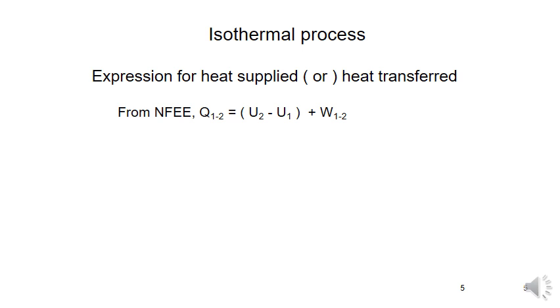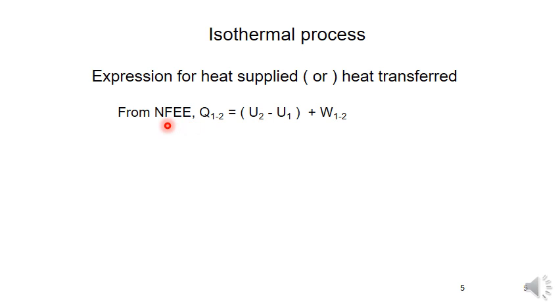Then the equation becomes: an isothermal process indicates that the heat supplied to a system from its surroundings must equal the work delivered to the surroundings.